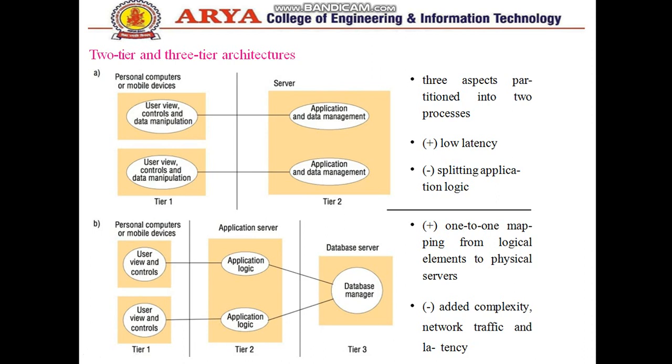The personal computer and mobile devices are known as tier 1, and the servers are known as tier 2. Now what is the benefit of two tier architecture? It has a low latency, that is the delay between the services is very low, but the negative part is the splitting of application logic.